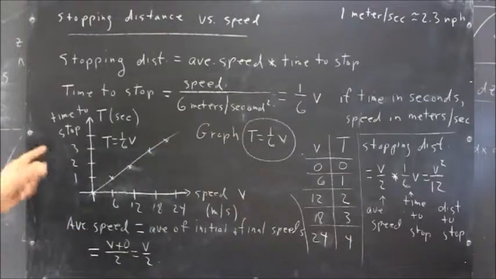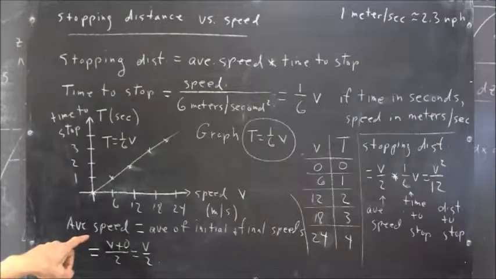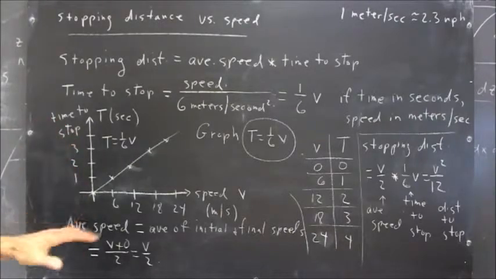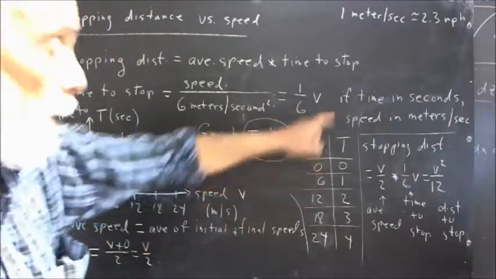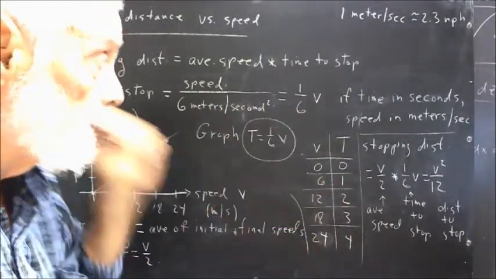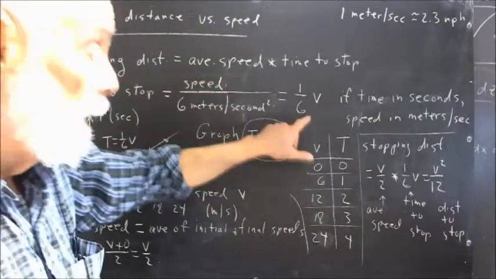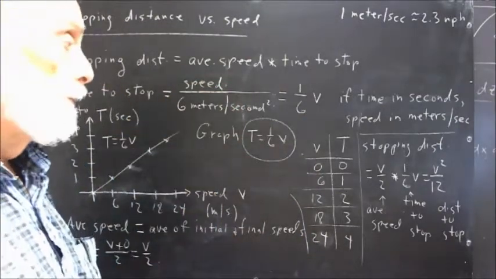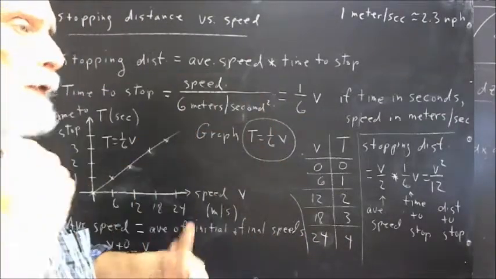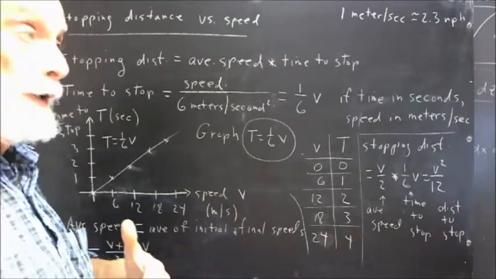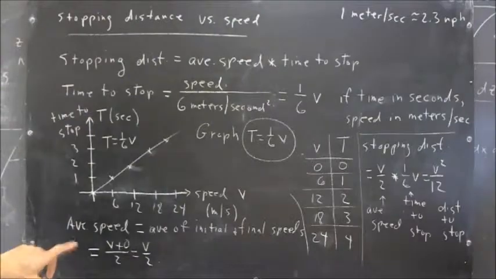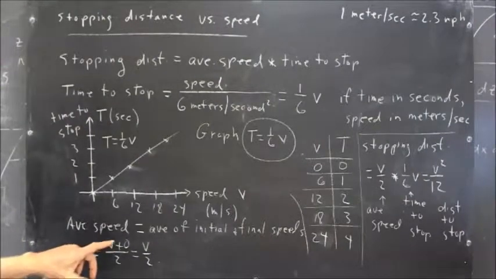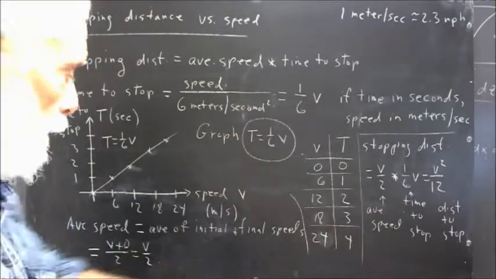Okay, now we're going to multiply the average speed by the time to stop. Here's the time to stop given our velocity. What's our average speed given our speed when we hit the brakes? Well, our speed is going to fall from whatever our speed is to 0 as we stop. The average speed then would be the average of our initial and final speeds.